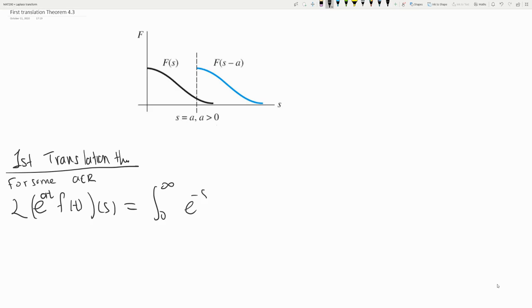So this says e to the minus st, e to the at, f of t. Right, and then you group these two together.